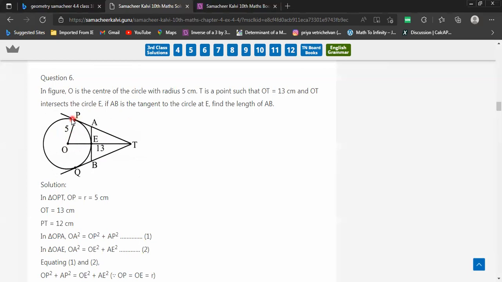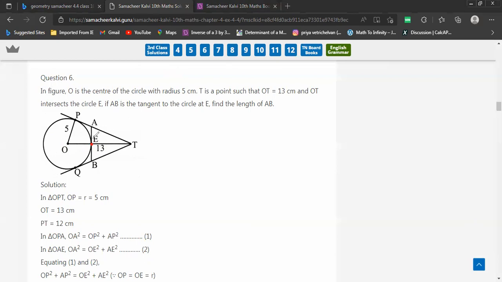Let's name this point as P. They said T is an external point. So from the center of the circle to the point T, it is 13 centimeter distance. And they are also saying this OT intersects the circle at E. So intersects the circle at E in the sense, for the first time it meets here.